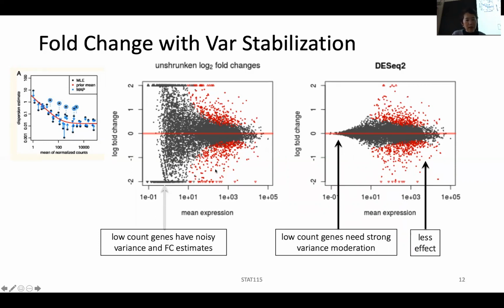These genes actually probably are not truly differentially expressed. With the DESeq way of normalizing or stabilizing the variance based on this theoretical variance, by borrowing information from all the other genes, if any of the variances are too far off, you try to move them towards the center a little bit.